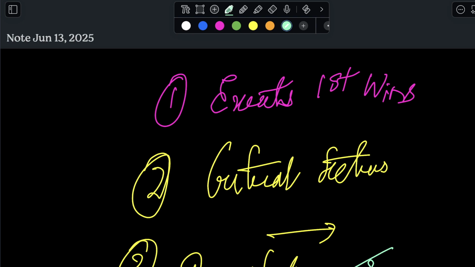And so basically, there is a very minute difference between critical section and race around.